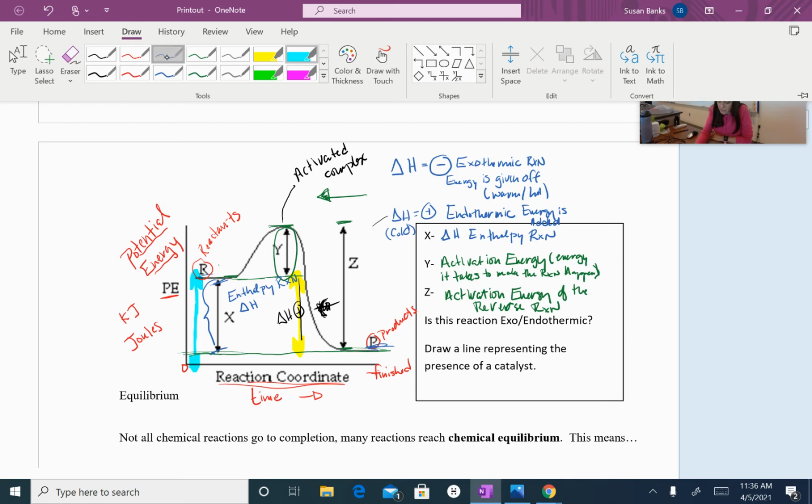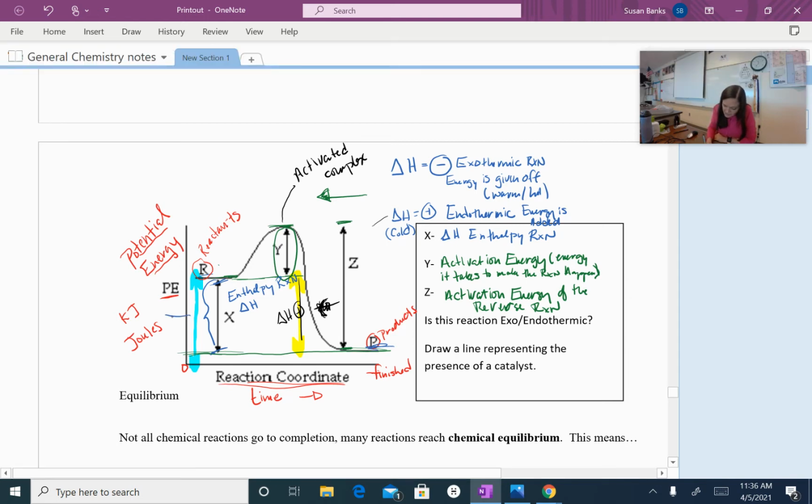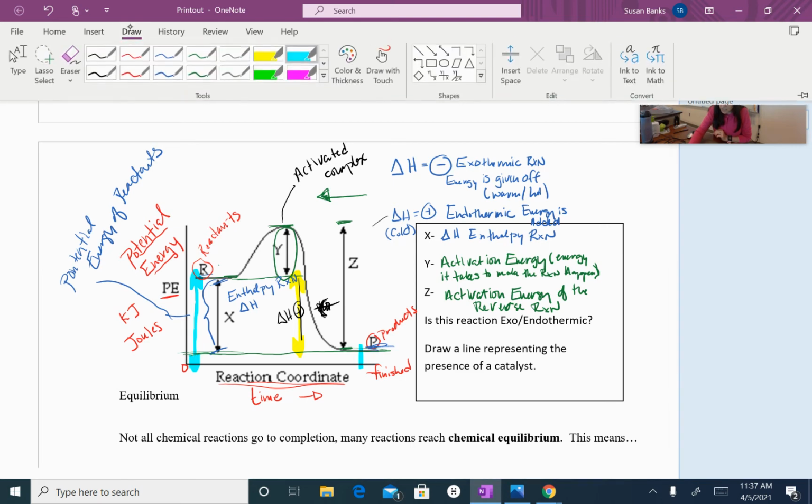That is the potential energy of the reactants. We can measure how much energy is stored in those bonds. We can do the same thing for the products too. That's going to be right here. Between the products and that baseline, that is the potential energy of the products.